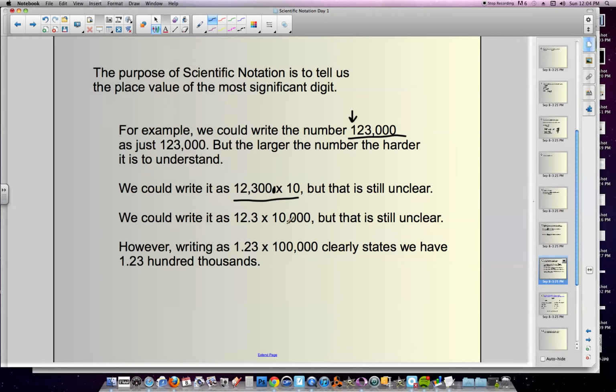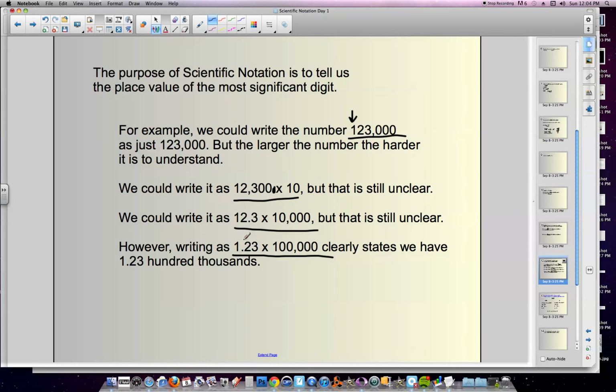We could write this as 12.3 times 10,000, and we would have to add 4 zeros onto here. But that still, or 1, 2, 3, 4, that still does not make life very easy to read. That's still kind of confusing. That actually equals 100,000. But if I write down 100,000, this is incredibly easy to read.